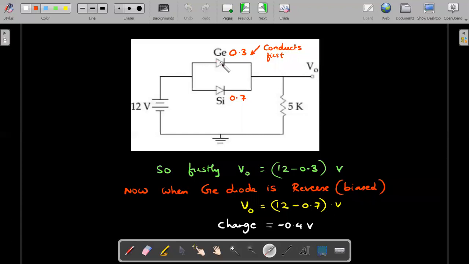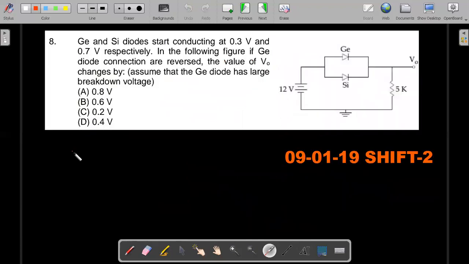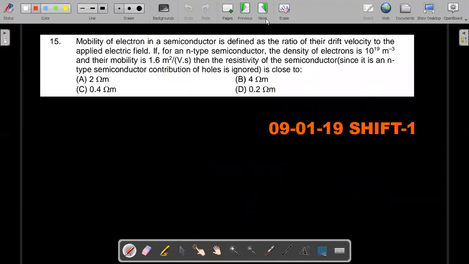But when you reverse this, there is no other choice but silicon to conduct in the second scenario. Then the conducting path would be this, and VO would be 12 minus 0.7. So the change in VO is minus 0.4, but he only asked for the magnitude of the change. So the best answer among the 4 is 0.4 volt. Okay. Next one.